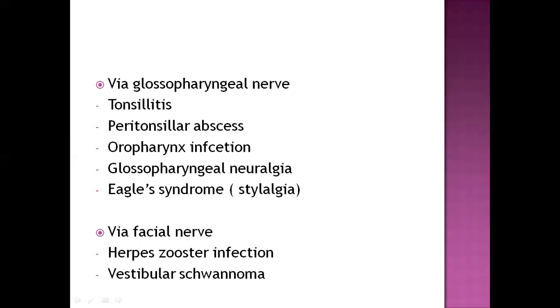Because of that disturbance, there might be some kind of discharge, and even if not discharge, the symptoms caused by this vestibular schwannoma reach the outer ear. So there is pain sensation or pain perception, which is called otalgia.